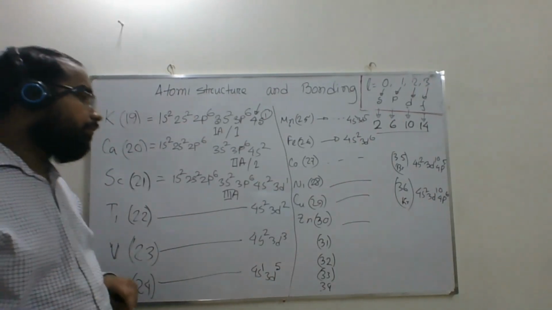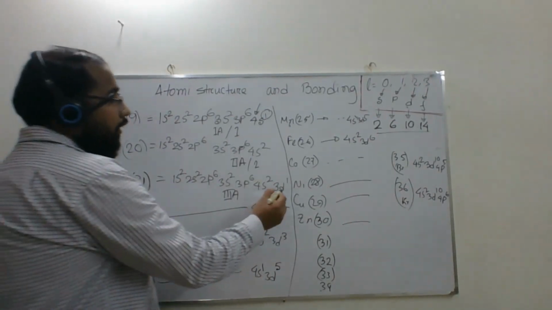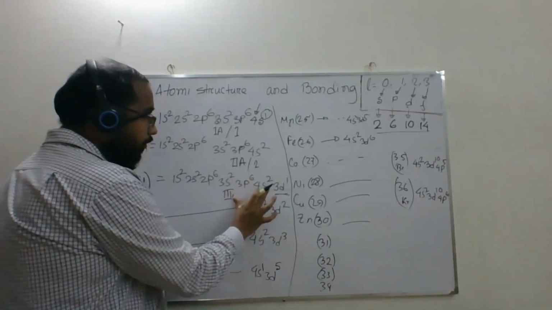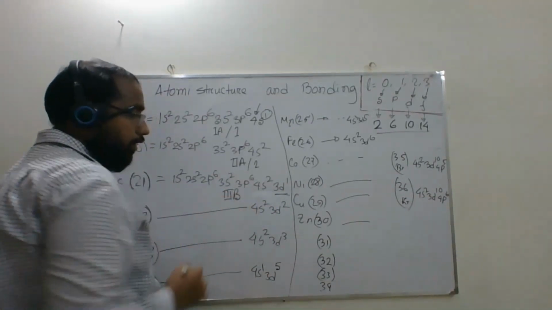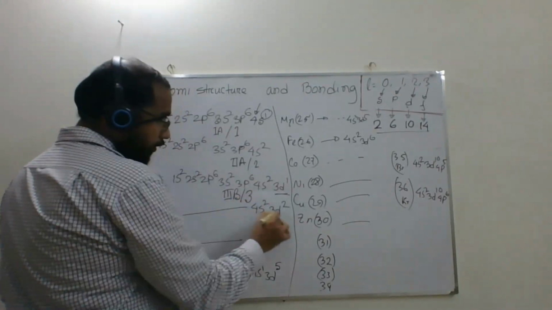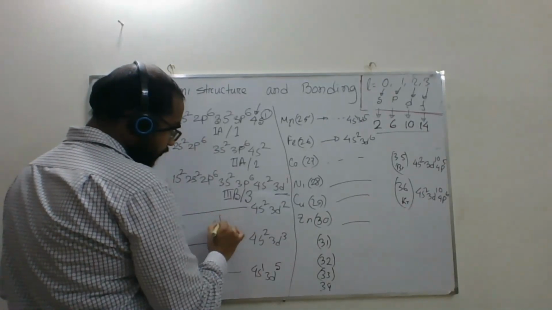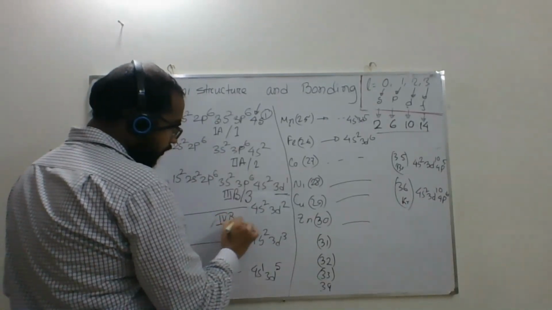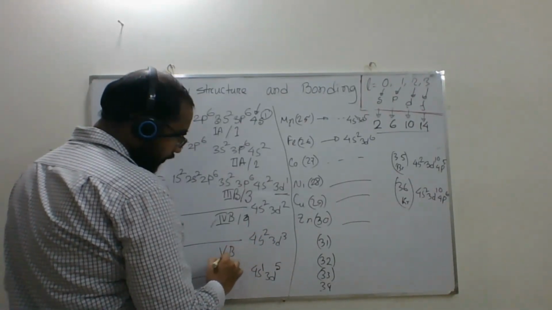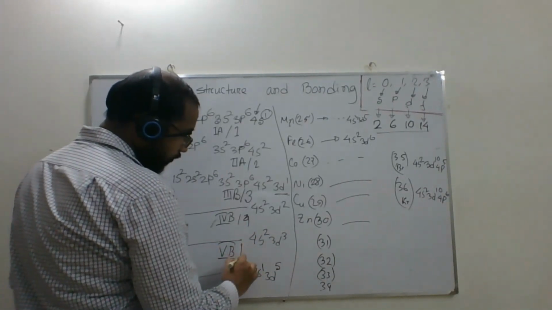Why is it 3B? Because whenever the electron enters into 3d after 4s, it goes for the B subdivision. That means the d block elements always go for the B subdivision. For this one it is 4B and 4. For this one it is 5B or 5.